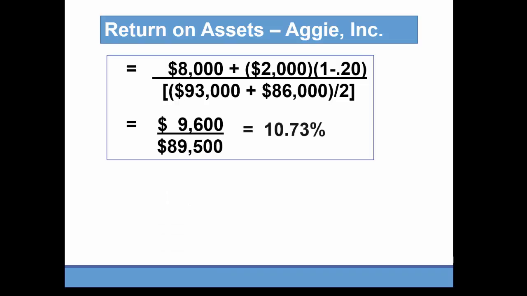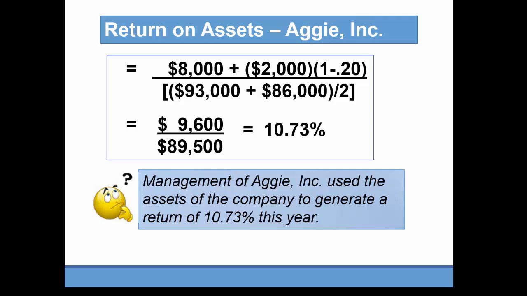And that gives us a return on assets of 10.73%. So management used the assets of the company to earn a return of almost 11% this year. Now remember, management's going to use the assets again next year to earn another return.